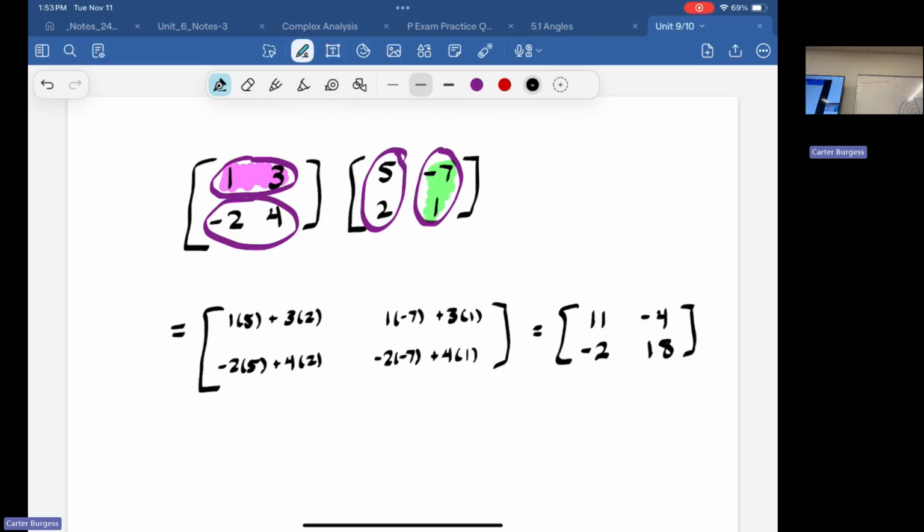And I no longer care about the rows of this matrix. I would then care about its columns, and you would get a completely different product. Okay. So in this case, order is really, really important. We take it for granted, but know that A times B and B times A aren't necessarily the same thing. And as we're about to see, one of them can be a valid product and the other one might not be.